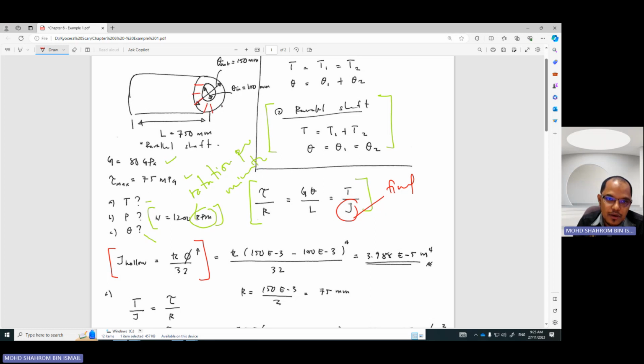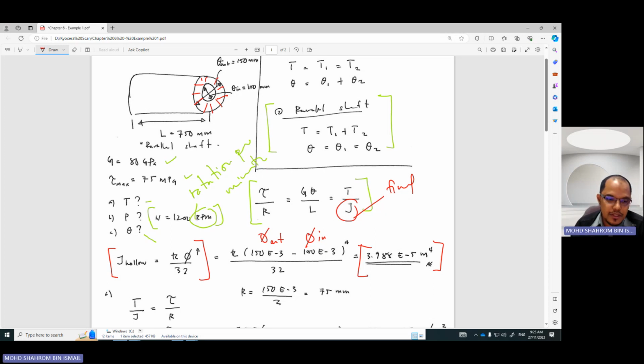Nak dapatkan area ni kita kena tolak lah. Okay. So this one is diameter out and this one is diameter in. Okay. So once we insert all the numbers, we manage to get the J magnitude to be 3.988 power of -5 meter power of 4. This is nilai yang ada.